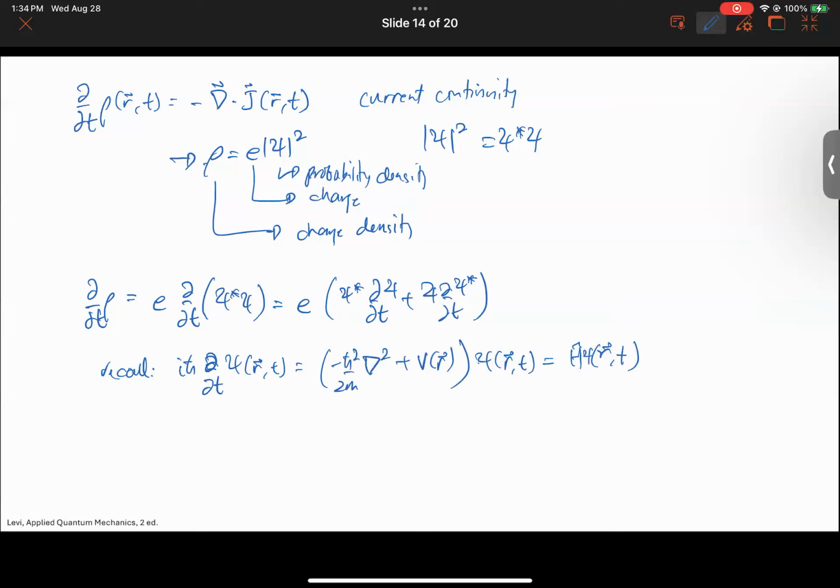Ang gagawin natin ngayon, we already have d dt psi. Multiply natin yung expression na yan with psi star.